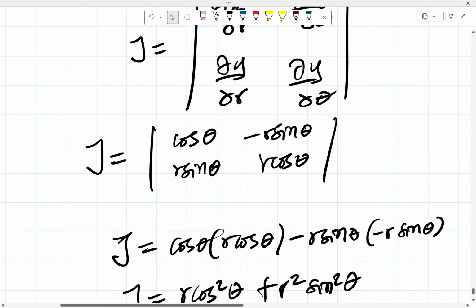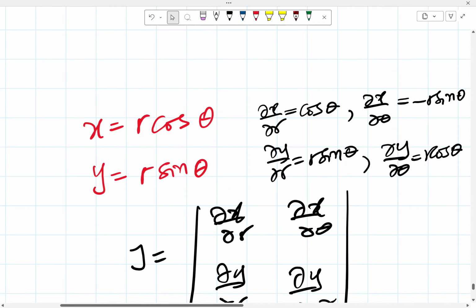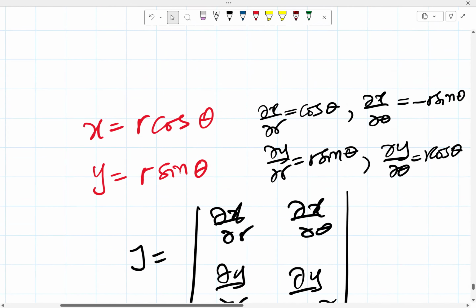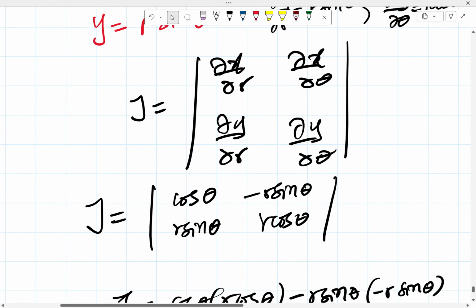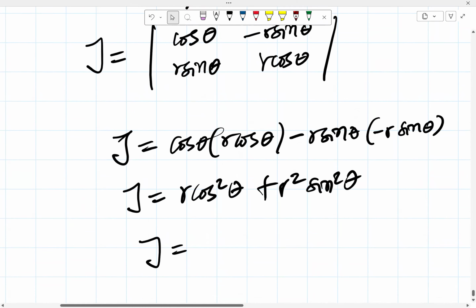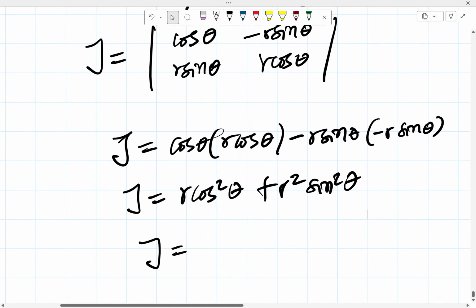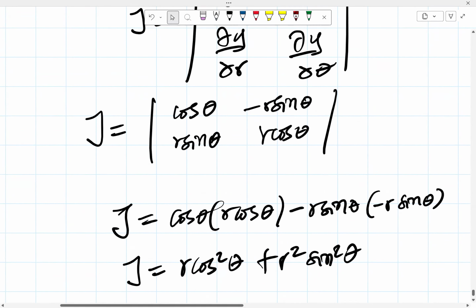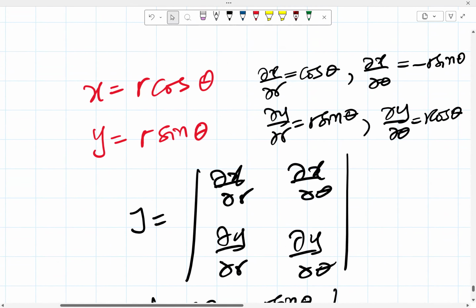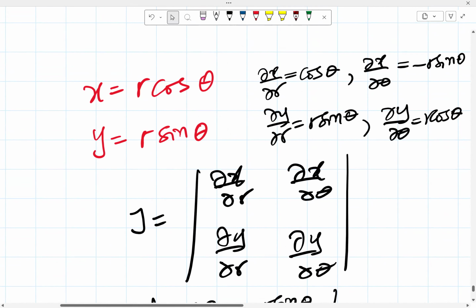We have an r cos theta. Differentiate theta. R cos squared theta plus r squared sin squared theta. With respect to r, we have cos theta. With respect to theta, we have minus r sin theta.